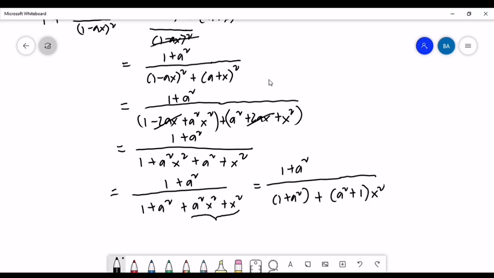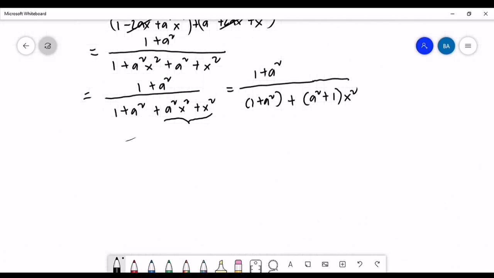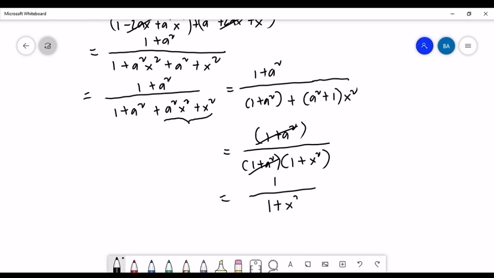So based on this equation, we could say that this is equals to 1 plus a squared over 1 plus a squared times 1 plus x squared. So therefore we could cancel the 1 plus a squared. This equals to 1 over 1 plus x squared. So this is our dy dx. This is our answer.